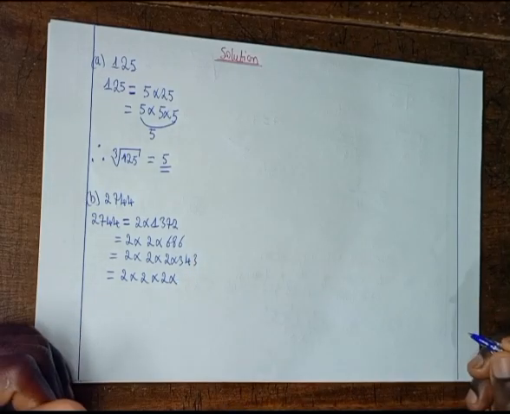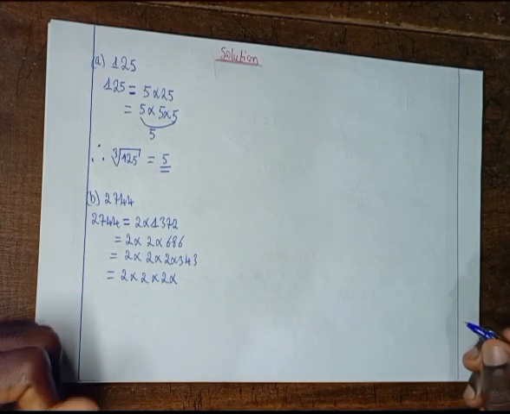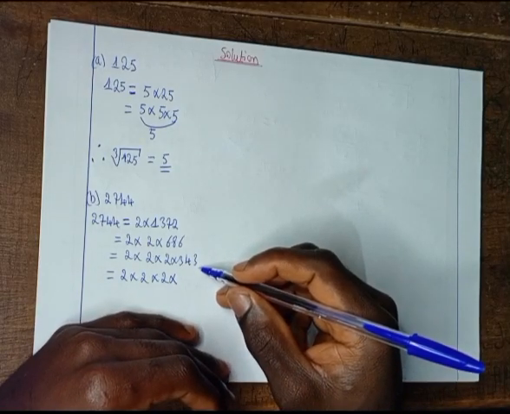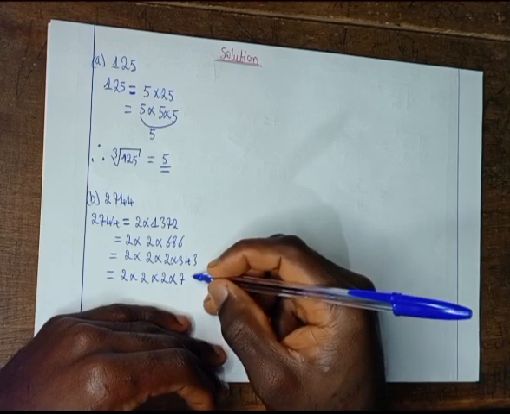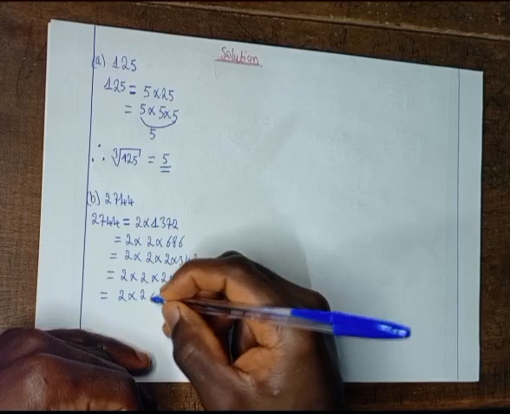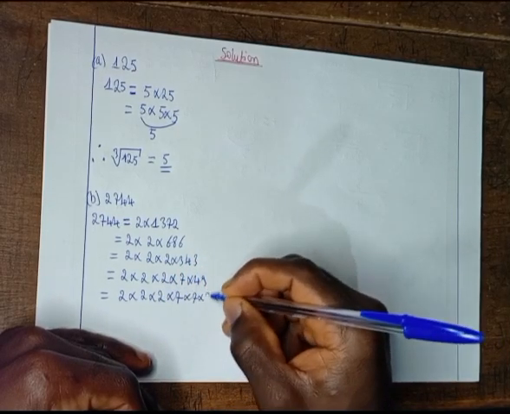We know 343 is not divisible by 2 and it is not divisible by 3 too. The number 343 is divisible by 7. If you divide 343 by 7, it gives 49. This will simply be equal to 2 times 2 times 2 times 7 times 49, and we know 49 is equal to 7 times 7.